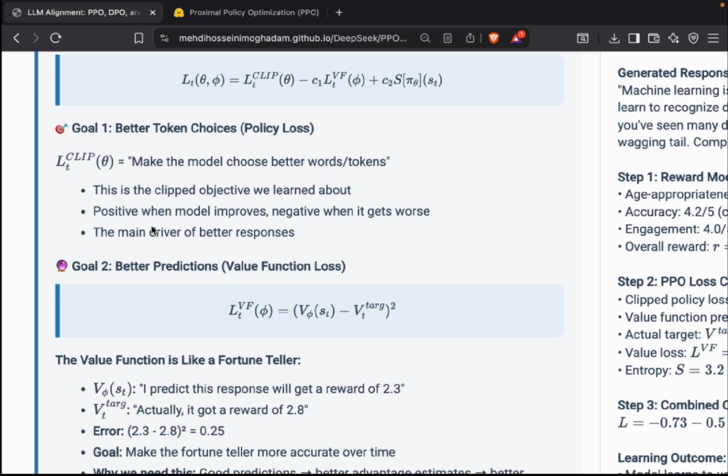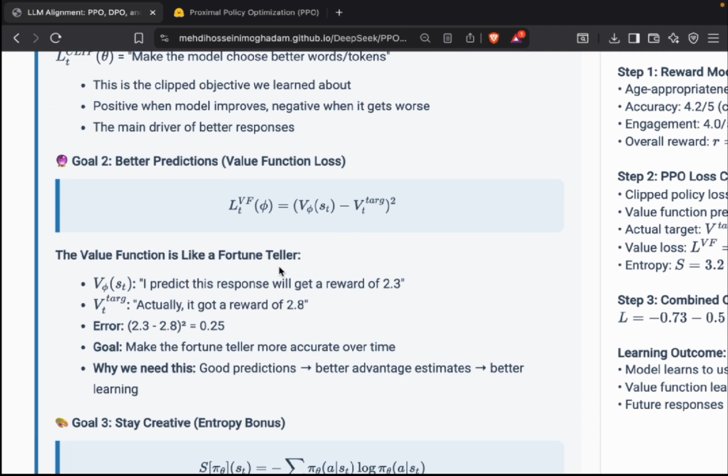Goal one, better token choice, the policy loss. It makes the model choose better words and tokens. This is technically the clip objective that we learned about just a minute ago. The second goal is better predictions, the value function.